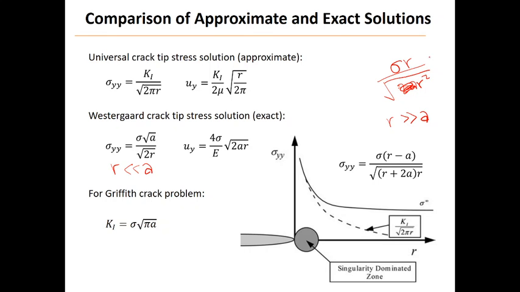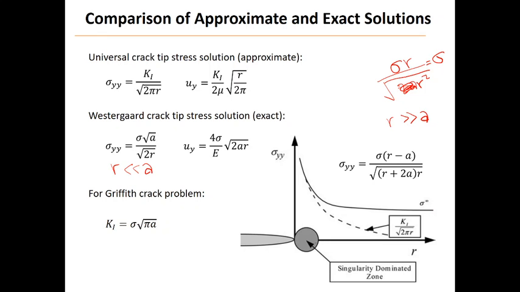And in this case, you see that it's actually tending towards sigma. Okay, so that is exactly where this is tending towards when R becomes really large, right? And that sigma is exactly what you're applying as the stress, the pure tension you're applying to.